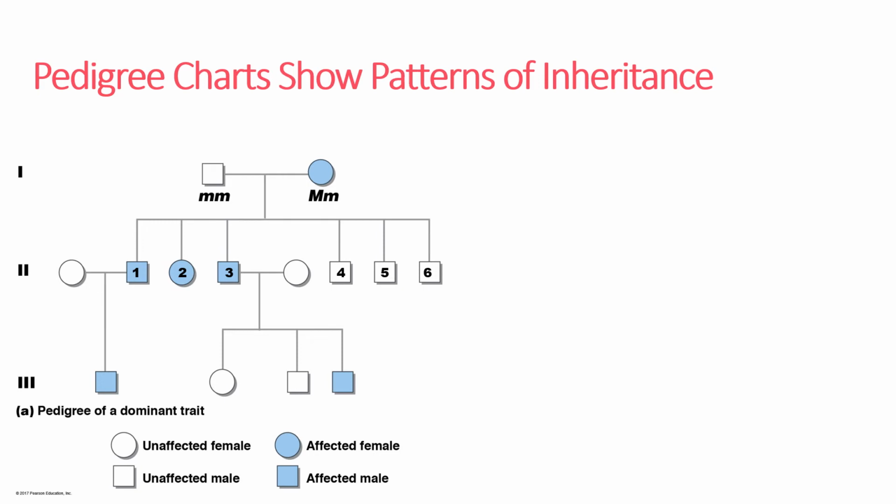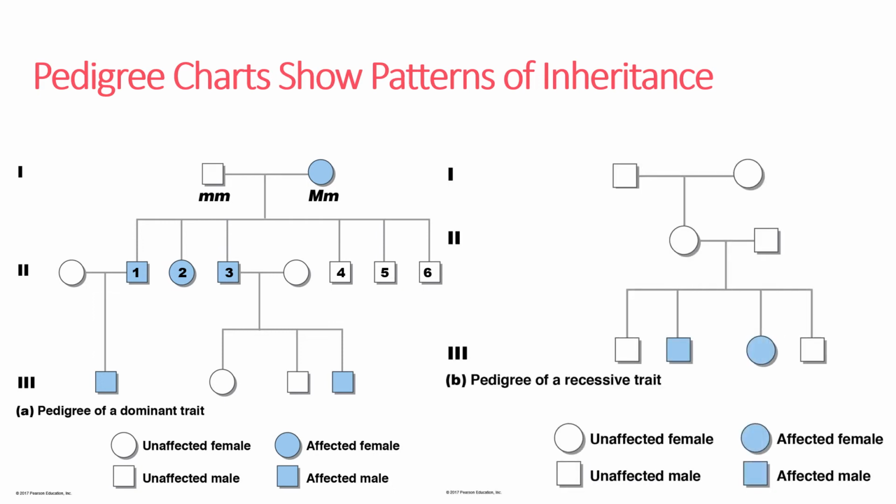And we can do that because 2 slides ago, we did a mating like this, where we saw that half of the offspring carried a trait and half of the offspring didn't carry the trait. This enables us to predict that mom is carrying a dominant allele, as well as a recessive allele.